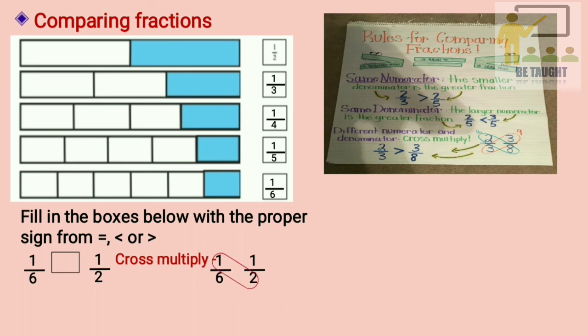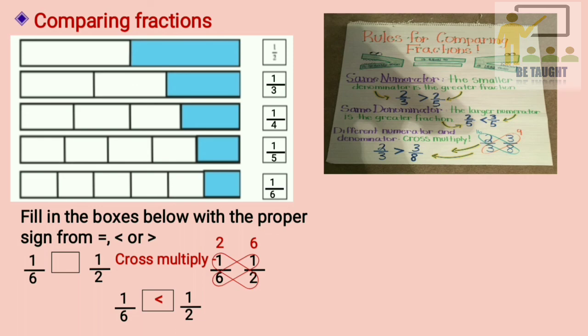So 1 2s is 2 and 1 6 is 6. Now whichever fraction is written below the greater number, from 2 and 6, 6 is greater. So the fraction below 6 is 1 upon 2. So the sign will be greater than.